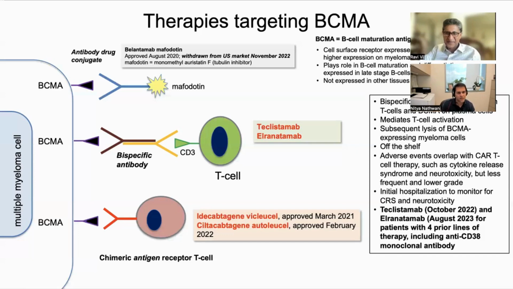Fortunately, there are several proteins on the surface of myeloma cells that are not expressed by many other cells in the body or are expressed at low levels by other cells in the body. So we can use those molecules on the surface of myeloma cells as targets for antibody-based therapies. And in doing so, we use the immune system against those targets, hopefully sparing normal cells in the body.